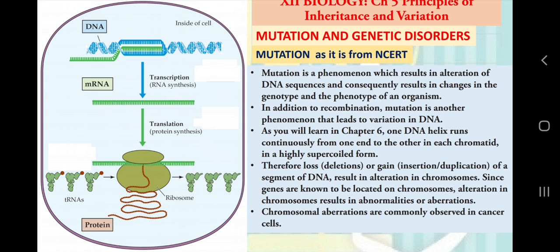Now, as you will learn in chapter 6, which I already have mentioned, one DNA helix runs continuously from one end to another end in each chromatid and in highly supercoiled form. We will learn how DNA is packaged in any chromosome, because a chromosome is a complex structure made up of DNA and protein.